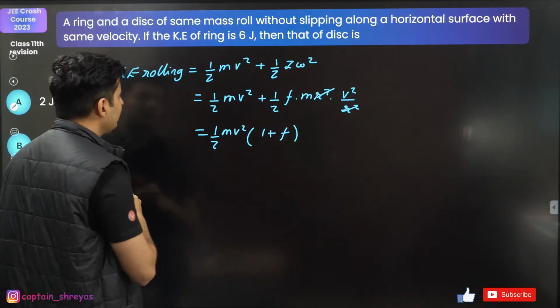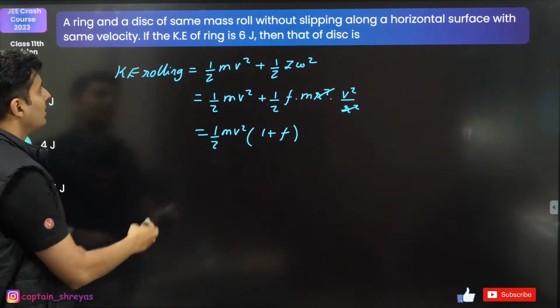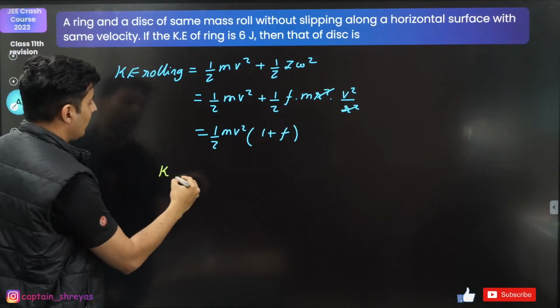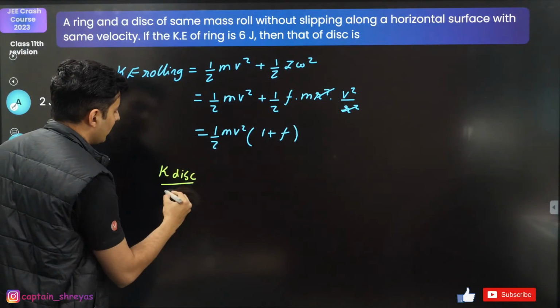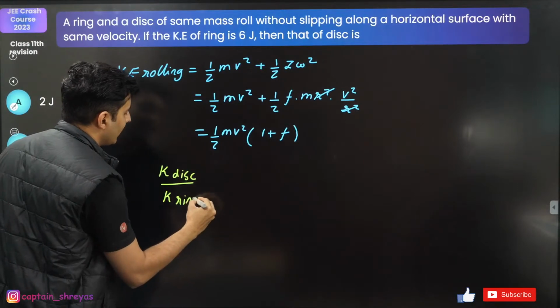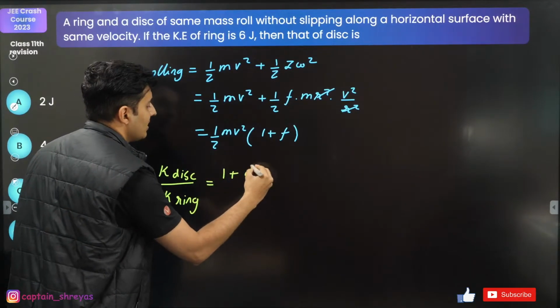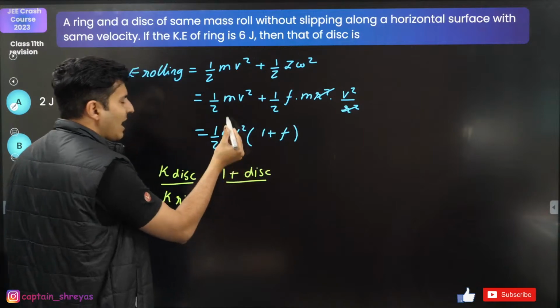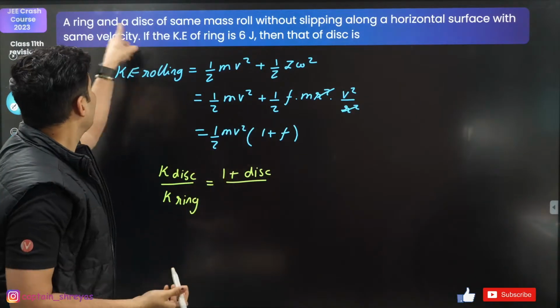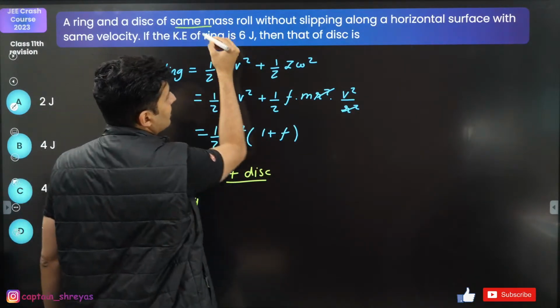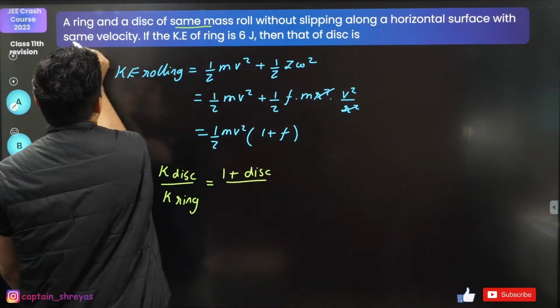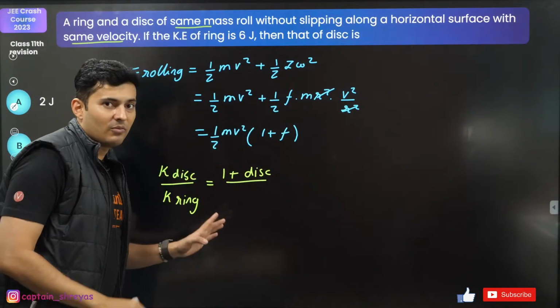1 plus the factor. That means the kinetic energy of the disc upon kinetic energy of the ring will be 1 plus the factor which comes in the disc, over 1 plus the factor in the ring. M is same, speed is same. Ring and the disc of same mass, moving with the same speed. So mv square is same.